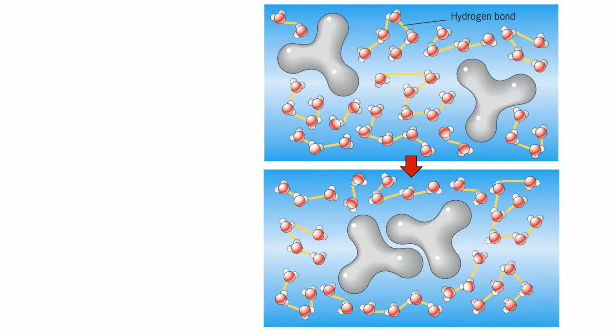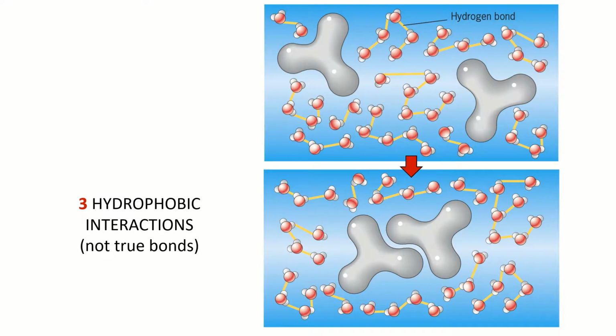And this bonding, quote unquote, of these two hydrophobic molecules results in a lesser surface area exposed to the water. And so this is a favorable configuration for the two hydrophobic droplets. So here we have hydrophobic interactions, the third type of non-covalent bonding.